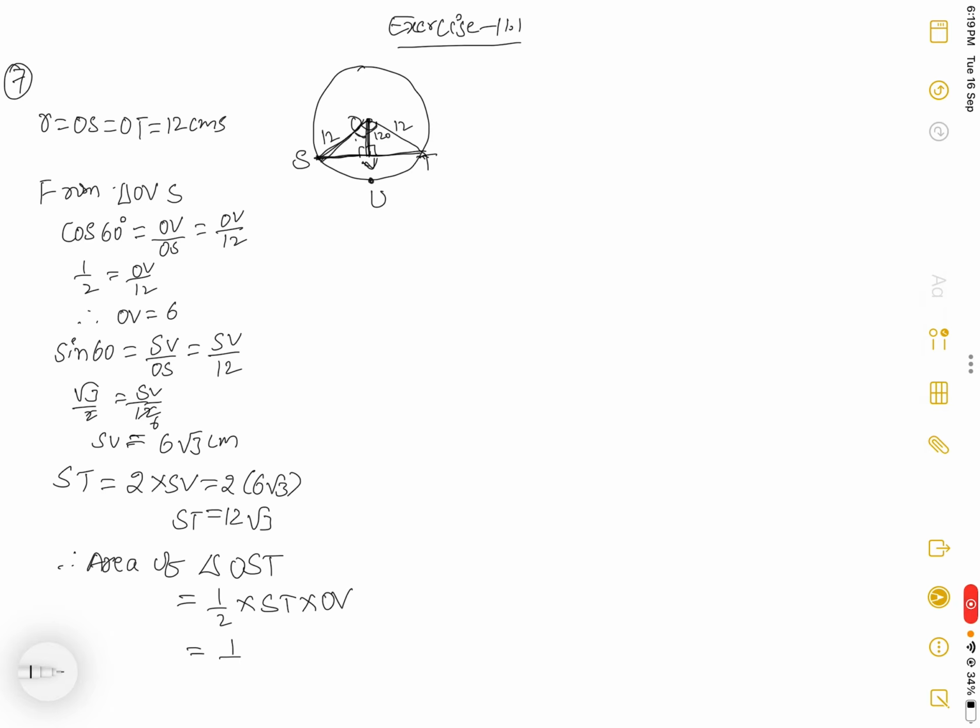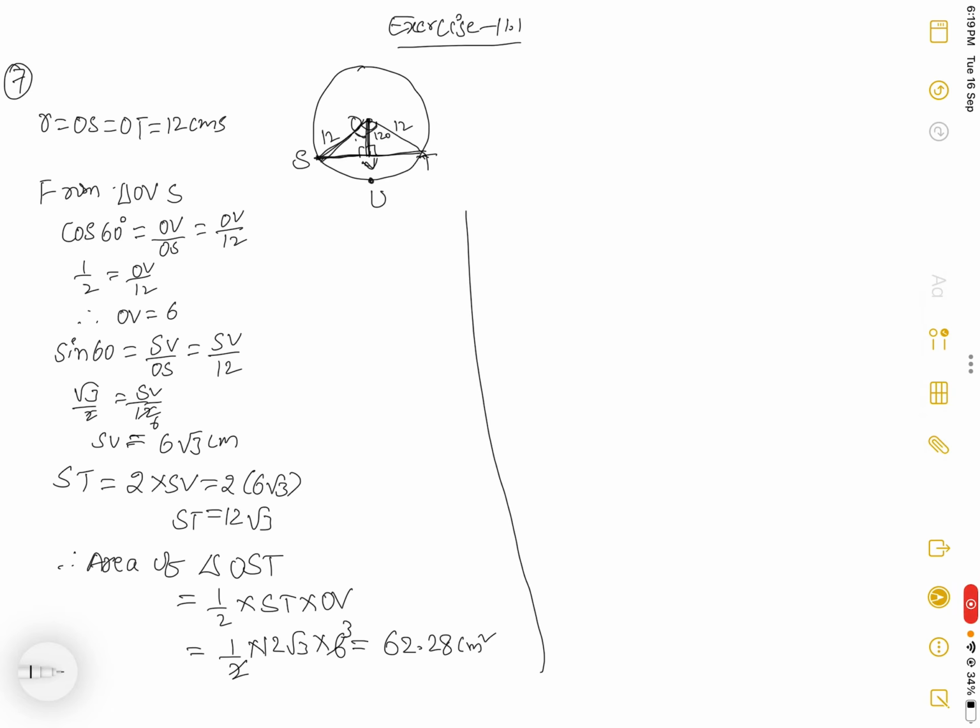So we get 1/2 into ST value 12√3, OV value 6. After cancellation, 3 12s are 36, so 36 into √3. √3 value is 1.73. Overall, we get the value 62.28 centimeters square.